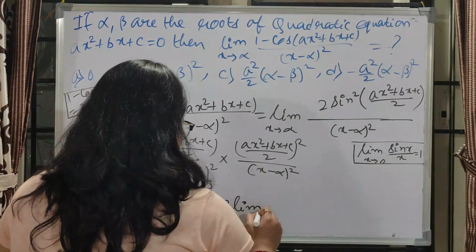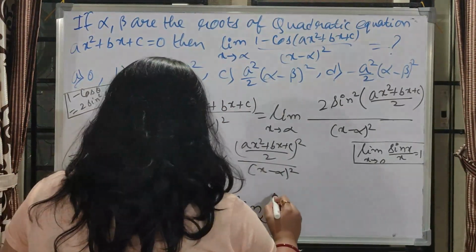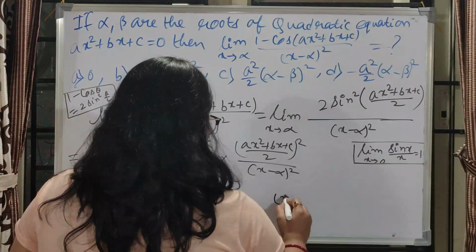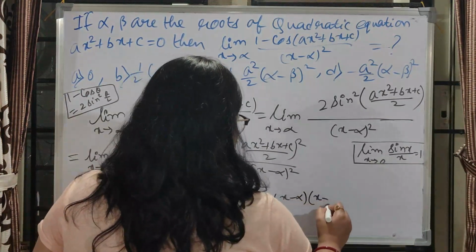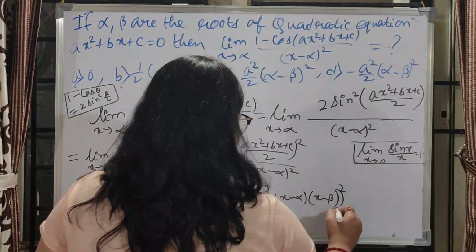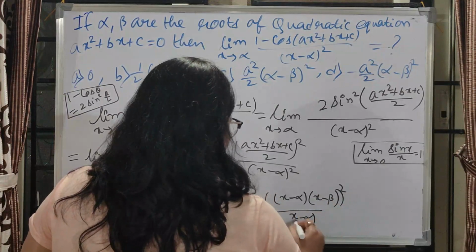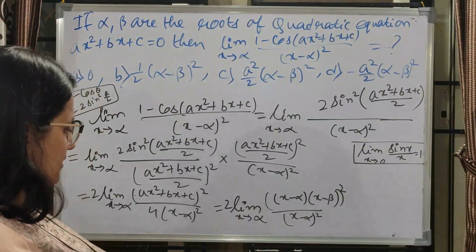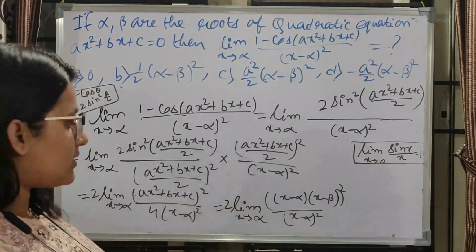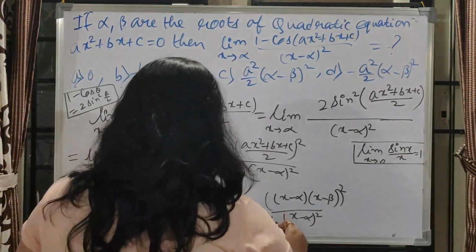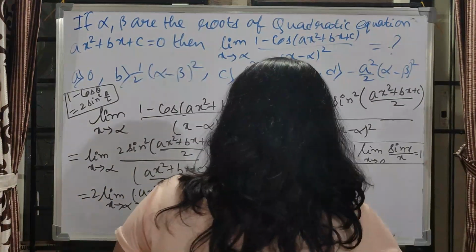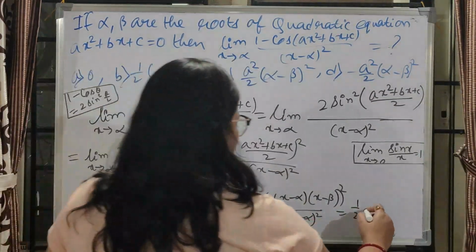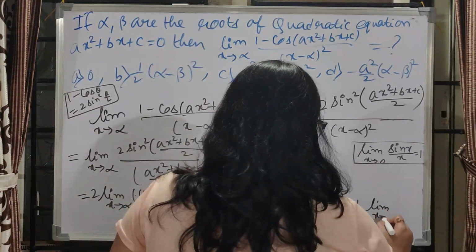So it will be limit x tends to alpha, (x minus alpha) into (x minus beta) whole square upon (x minus alpha) square. So here this (x minus alpha) square will get cancelled out. Here 4 was there, so half into 2 and 4 will get cancelled, so half into limit x tends to alpha.